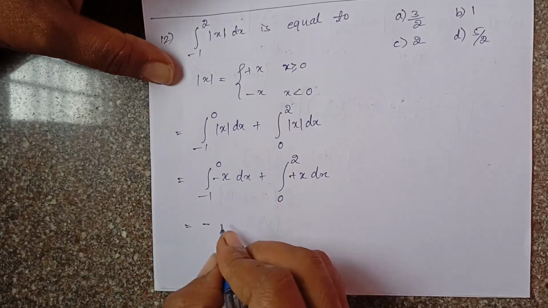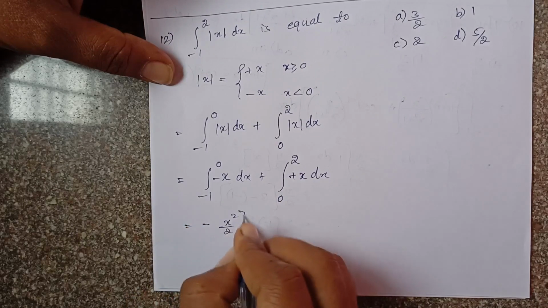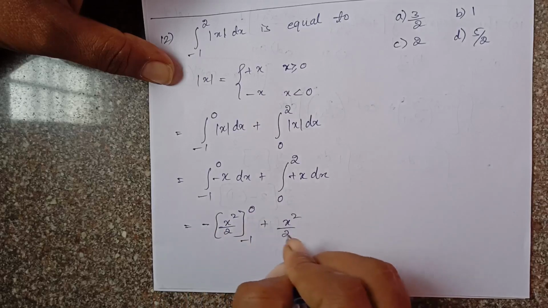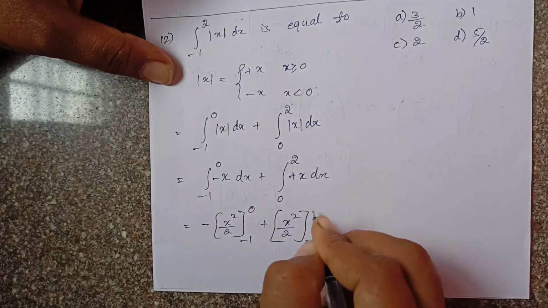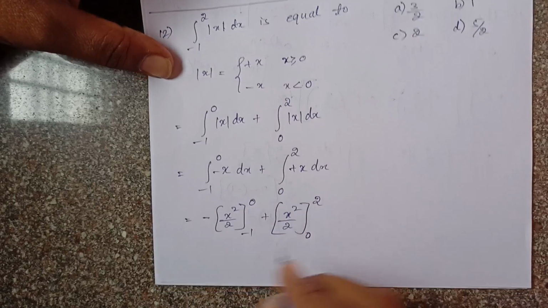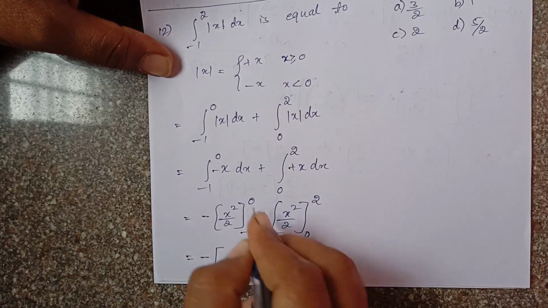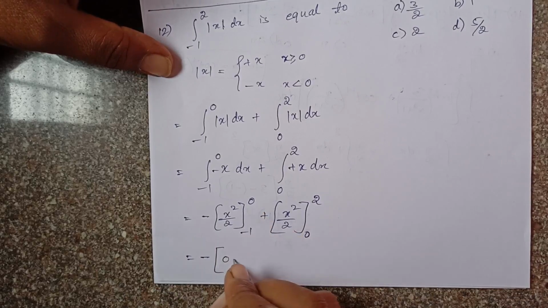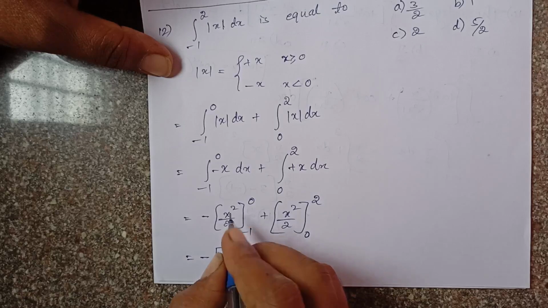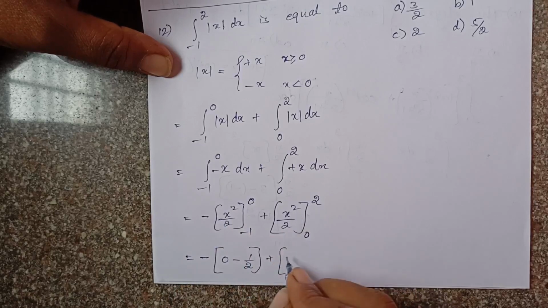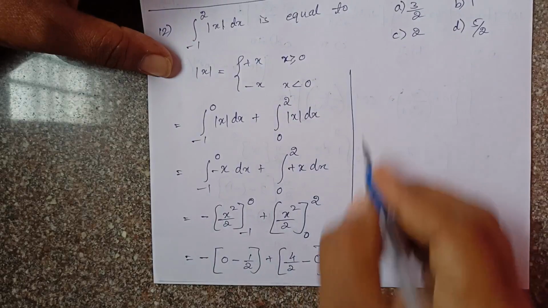Now we can integrate it very easily. Minus as it is, integration of x is x square by 2, from minus 1 to 0, plus x square by 2 again from 0 to 2. Okay, let us substitute the upper limit and lower limit. Minus of substituting the upper limit, that is 0, minus of substituting the lower limit minus 1 square, nothing but plus 1 by 2, plus of substituting the upper limit 2 square means 4 by 2 minus substituting lower limit, that is 0.